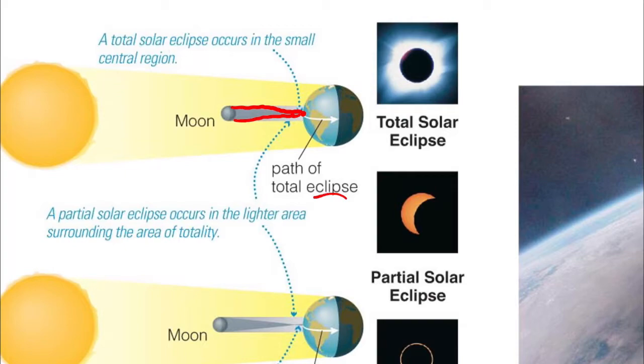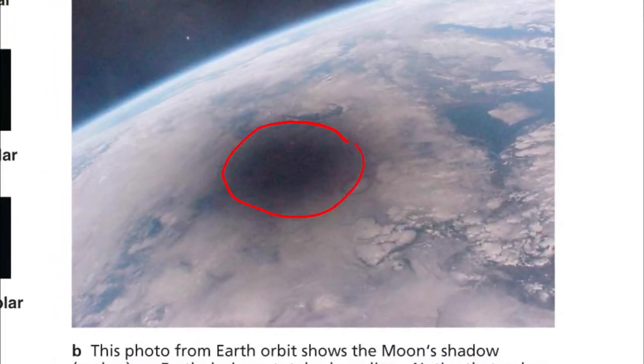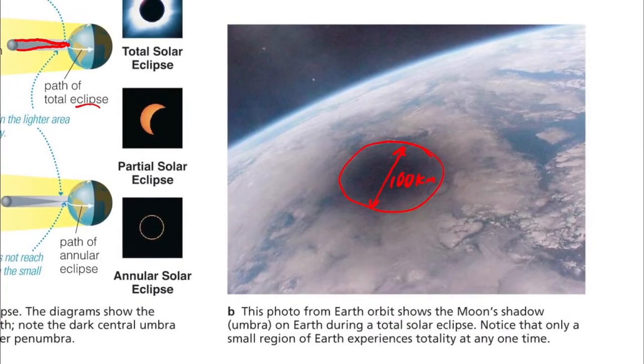But it does just barely make it, and we get a shadow that's this size. This is about 100 kilometers across. This is the actual shadow of the moon being cast onto the Earth, by the sunlight getting obstructed by the moon.